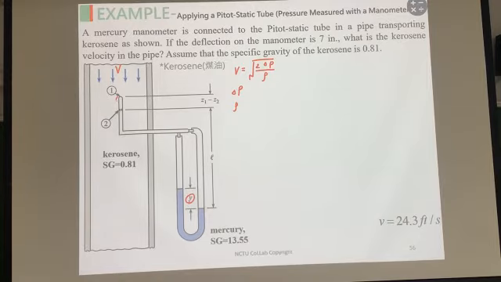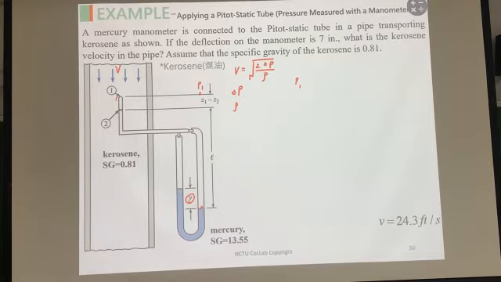So how does the pressure change from point 1 to point 2? Here, based on the hydrostatic equation, we know this is P1. From P1 to here, because the elevation is decreased, we need to consider the location starting from here.